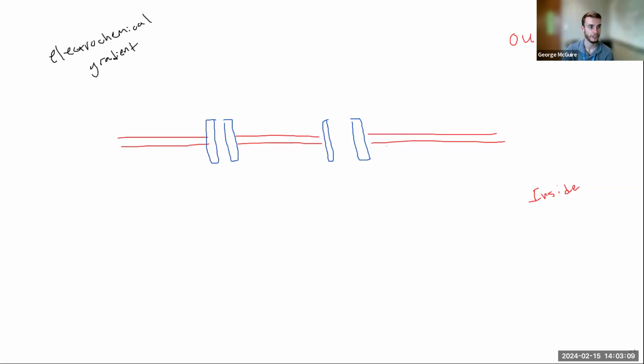The electrochemical gradient considers two parts: where chemicals are, and what effect they are having on the charge, the electric side. We talked about diffusion and osmosis back when we were reviewing biology content.